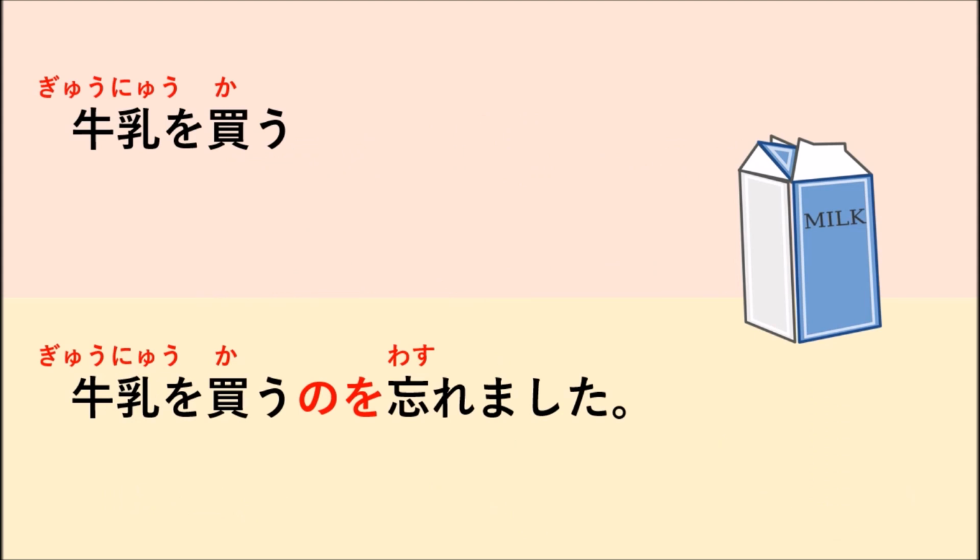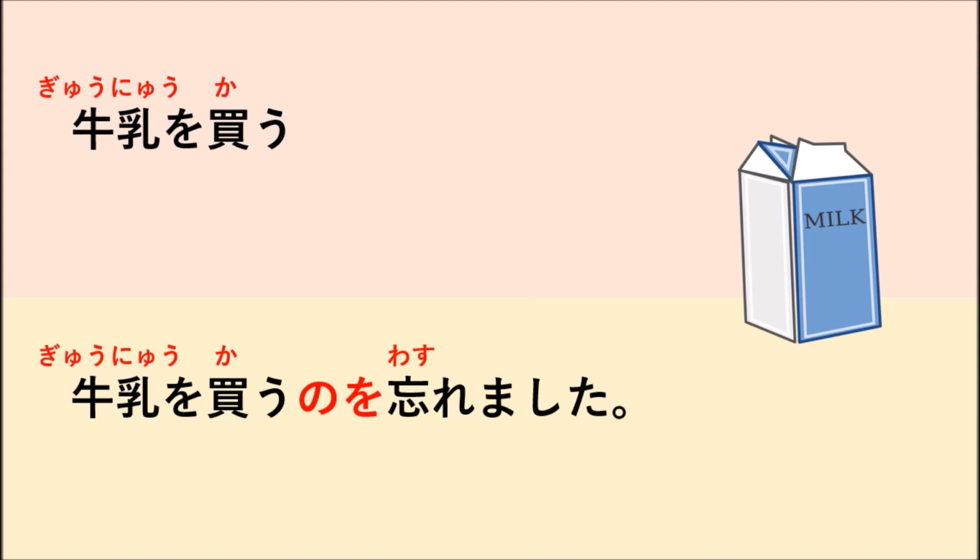For example, here we have two sentences like this. What do you think is the difference between these two sentences? The first sentence is "牛乳を買う." Or you can say it in the masu form, "牛乳を買います."